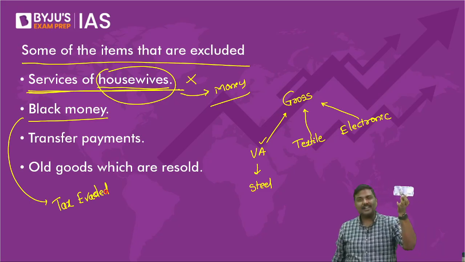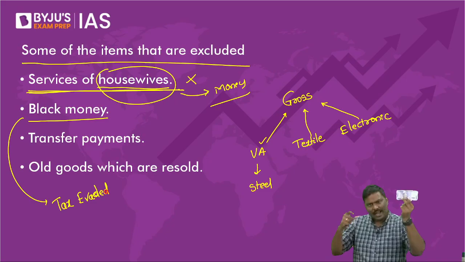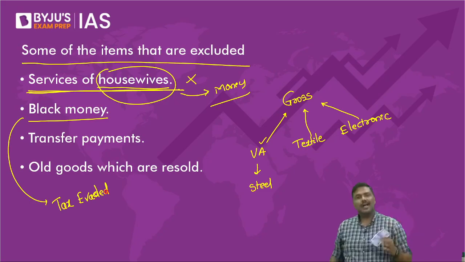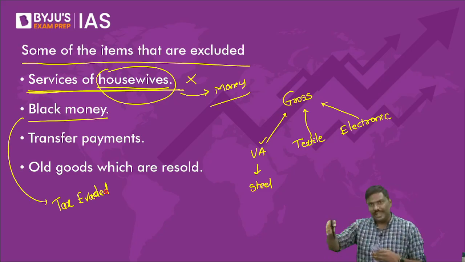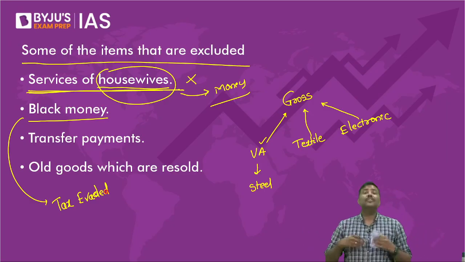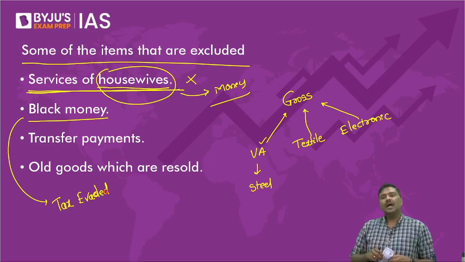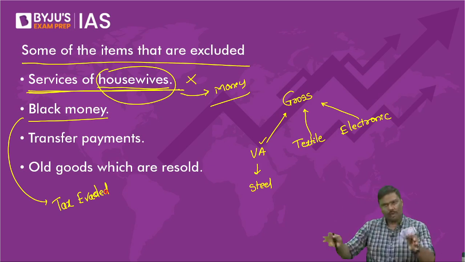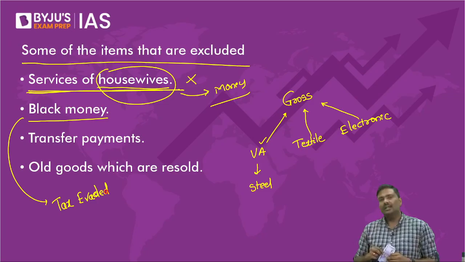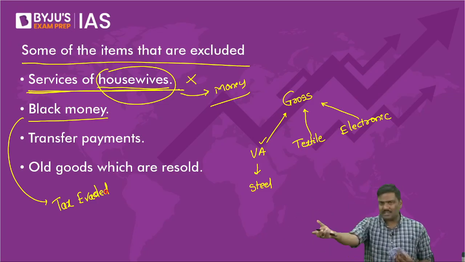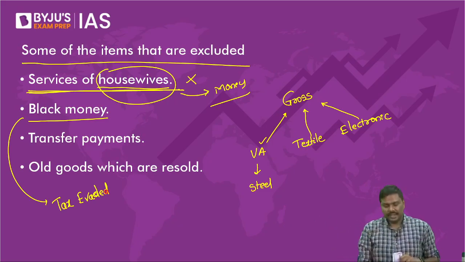Any difficulty in understanding the idea of black money? And some of you will ask me, sir, how did you generate this 100 rupees? Either I could have generated it through legal means or through illegal means. For example, I have sold a property in my place. The actual money I have received is, let's say, 200 rupees.